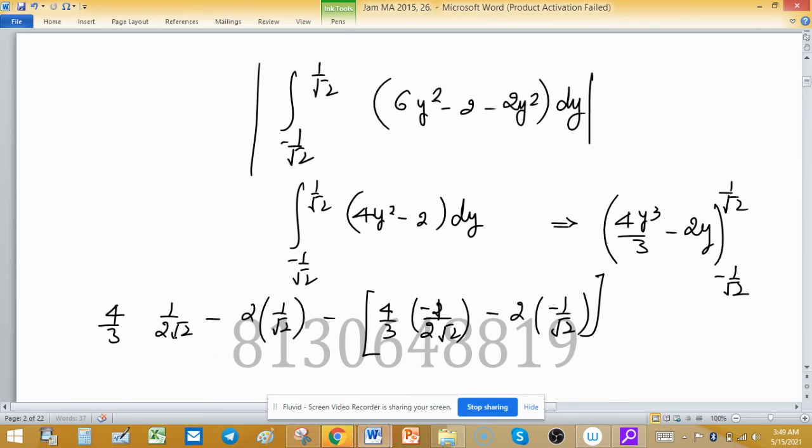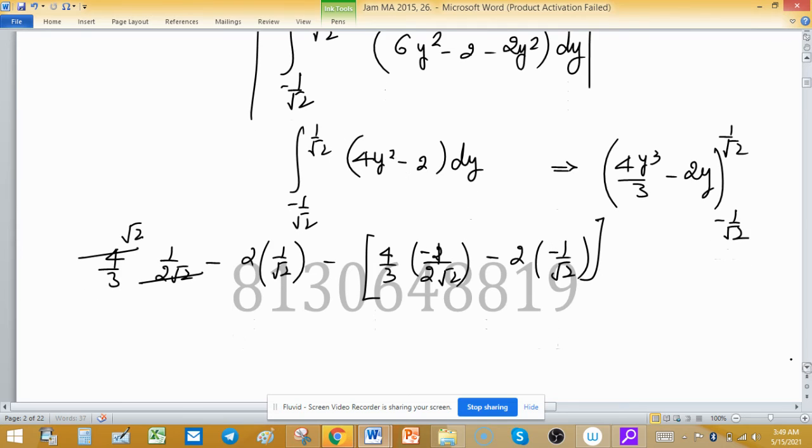Now you can see here this cancels out, root 2 times 2 is 4, and 2 cancels out by root 2 times, and this is again root 2. So we have root 2 upon 3 minus root 2, and the value of this square bracket is 4 upon 3, and this negative turns to positive.